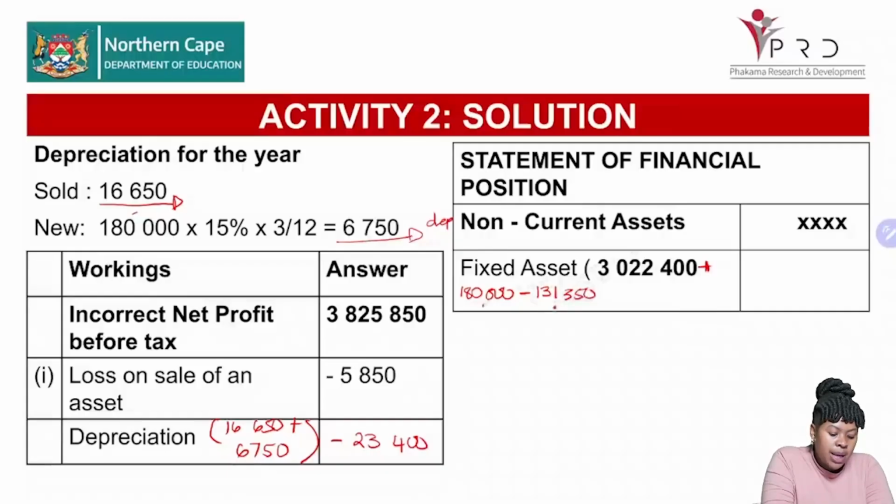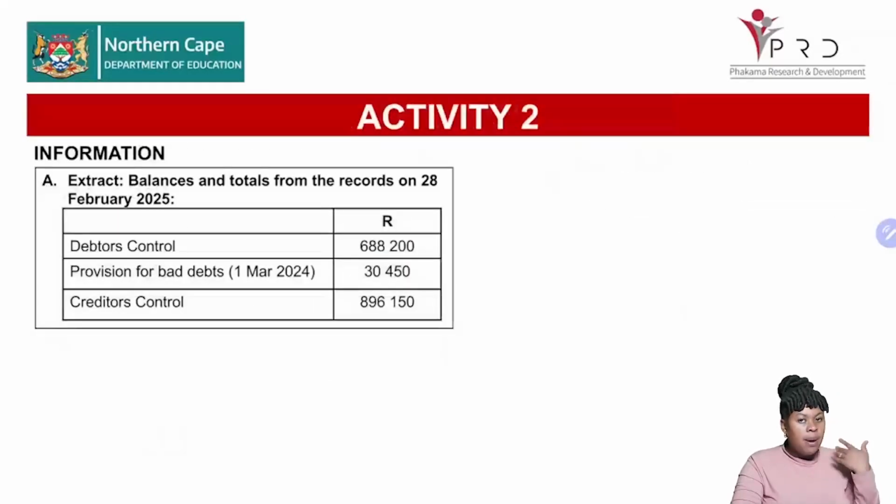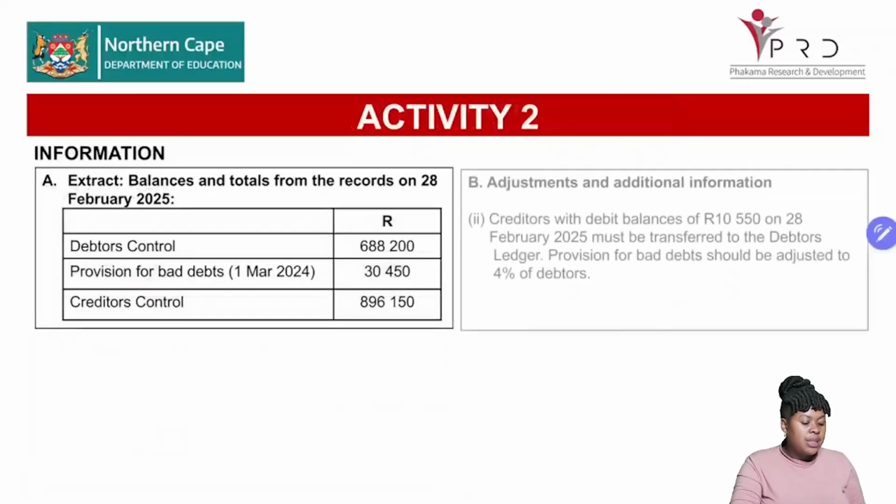This is our disposal at carrying value. And then we also need to indicate our depreciation for the year, which is going to be 23,400. Okay. And that will then give us our total of 3,047,650. And that is how you are going to indicate it in your statement of financial position. So you must be able to do the calculation of your fixed assets in the statement of financial position. Make sure that you are prepared, Grade 12, for these types of questions.